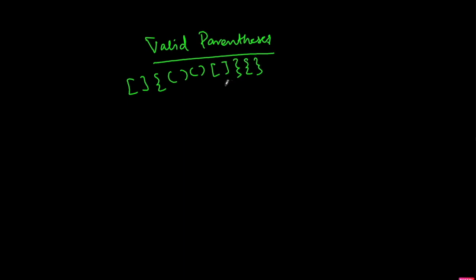So we are going to use a stack to solve this problem. We know what a stack is: last in, first out. Whoever enters last in the stack comes out first. So let's say we have a stack here.